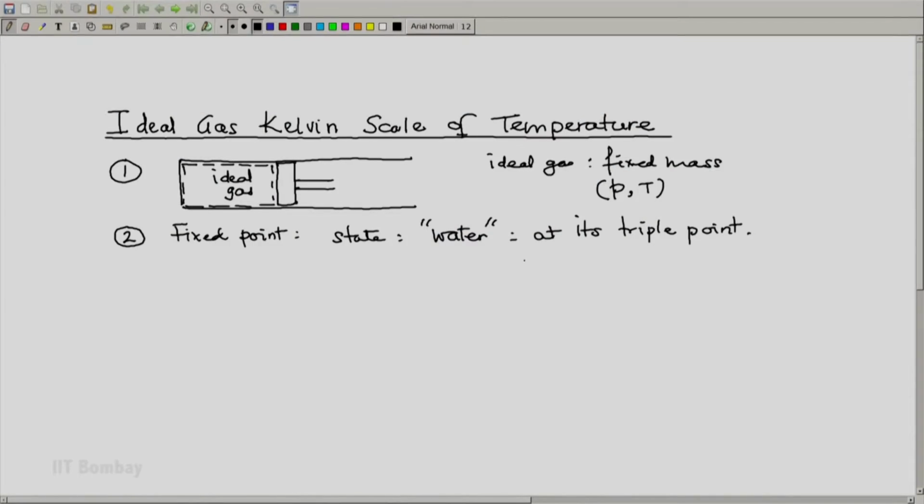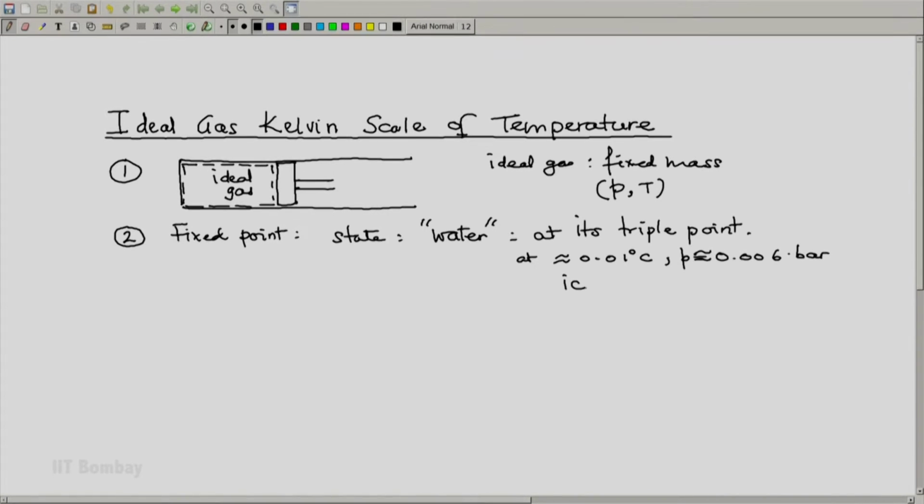If you go on reducing the pressure and temperature, you will find that at approximately 0.01 degrees C and a pressure of approximately 0.006 bar, both are approximate numbers, we have a triple point.